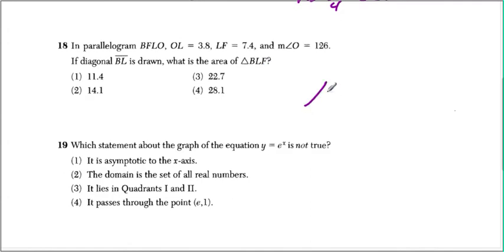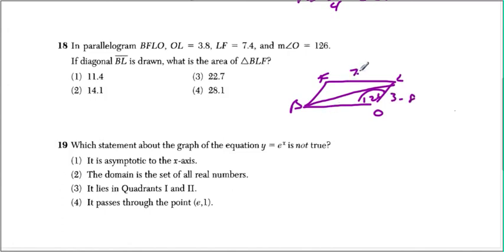And a parallelogram. B, F, L, O. O is 126. Diagonal. OL is 3.8. LF is 7.4.